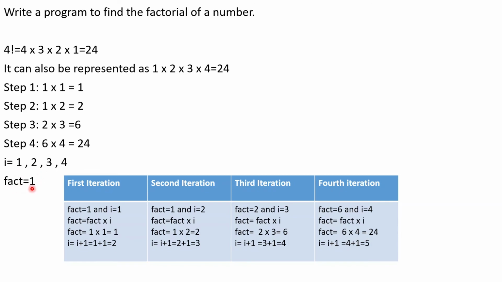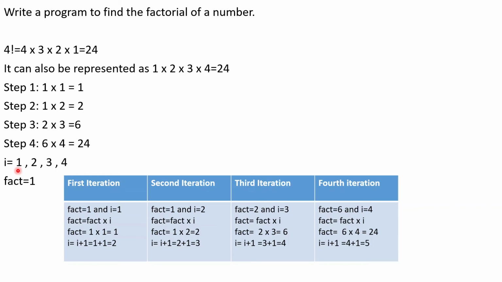I have taken I as an example variable to store the second operand. So I starts from 1 and it will go up till 4, because we have taken 4 factorial. If you take any other number, I goes on increasing till that number.